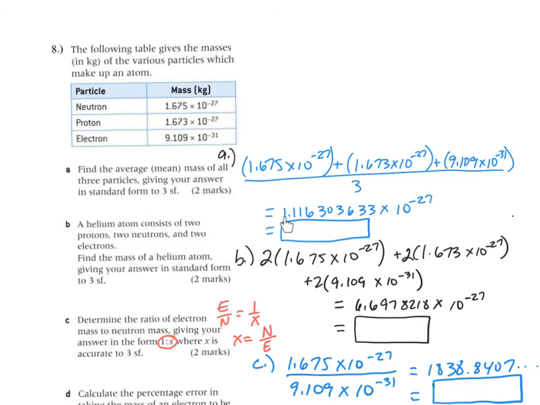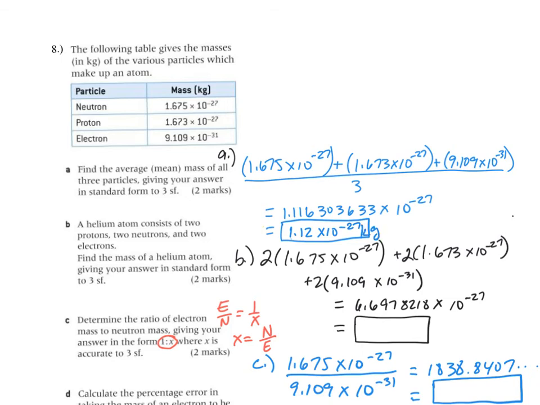So 1 would be our first significant figure, this 1 would be the second, and this one would be the third, which we're going to bump up to 2 since the next digit is bigger than 5. So our final answer would be 1.12 times 10 to the negative 27th. And don't forget your unit of kilograms.